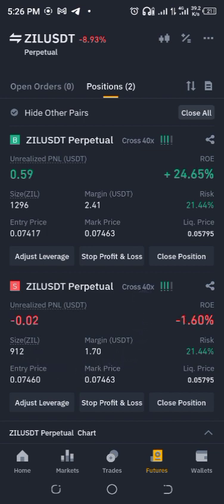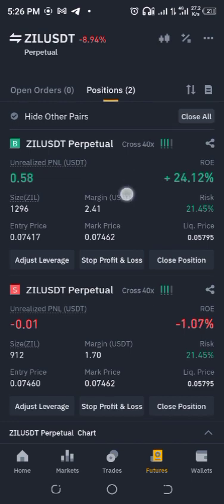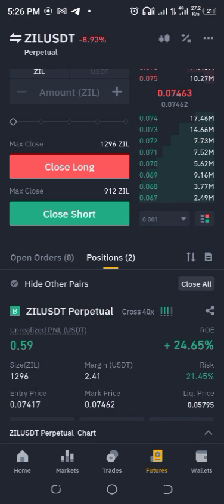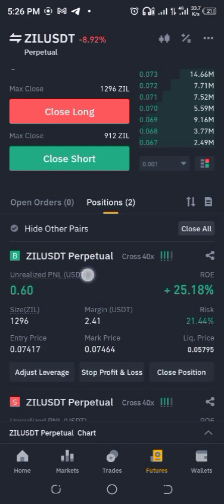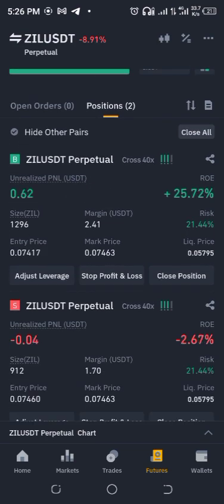Remember, for those of you who are newbies to this, the margin is actually your capital that you use in buying this position, this huge position. The entering price will always remain the position at which you queued into the market. The mark price is the current market price. So these are the two ways you can use your buy and sell positions at the same time on Binance.